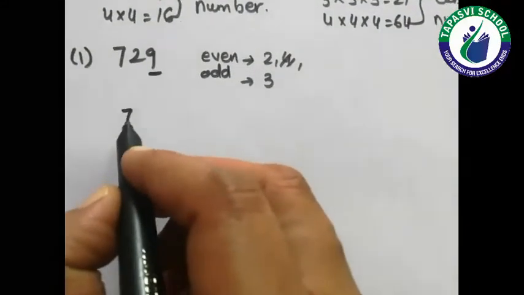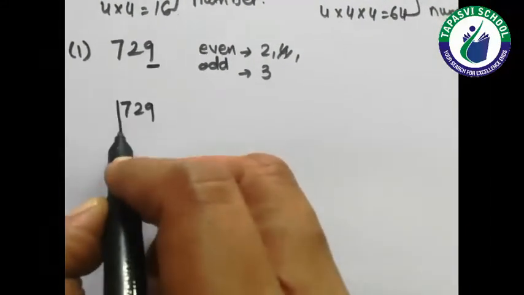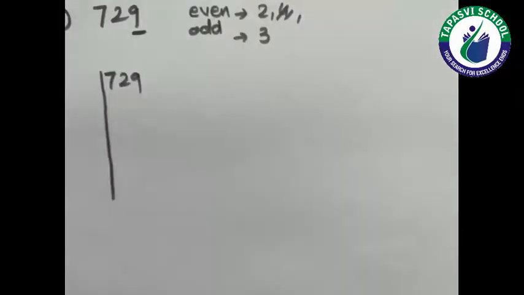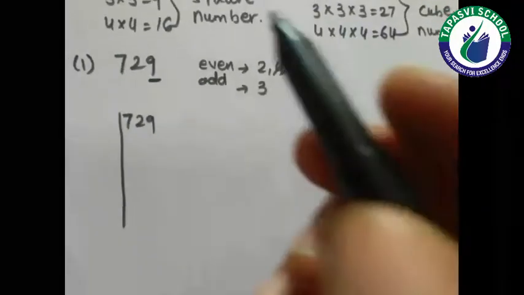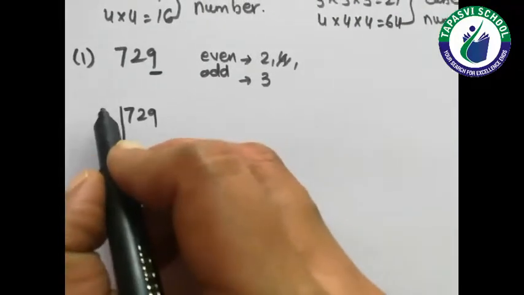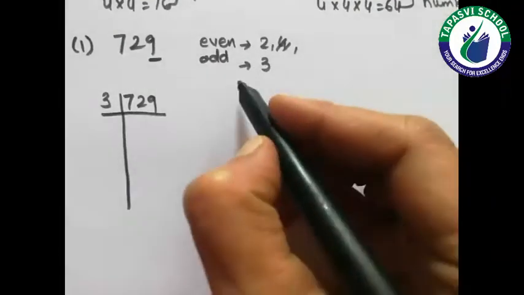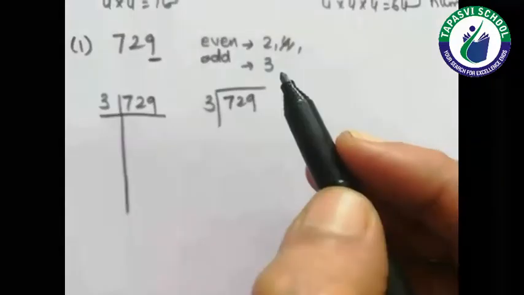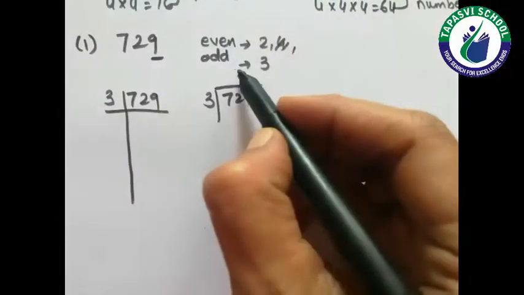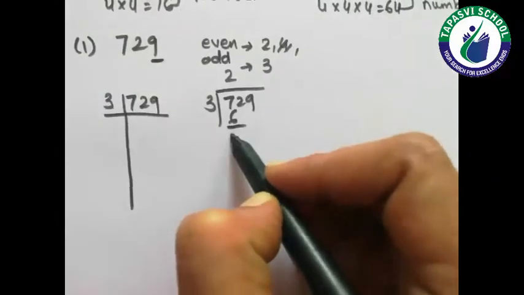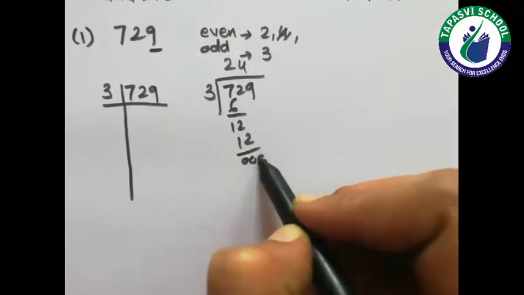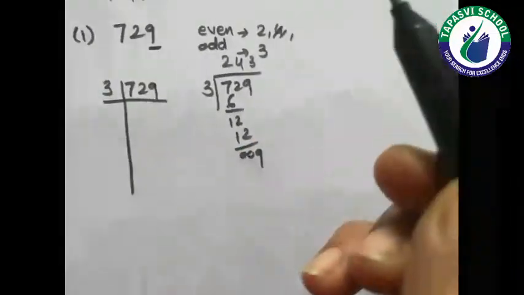For example, here 729 is given and I want to take out its square root. Here the last digit is 9, so this is an odd number, so we will divide this number by 3. So here you have to make its division. 729 divided by 3: 3 2s are 6, 1, 2, 3 4s are 12, 9, 3 3s are 9.